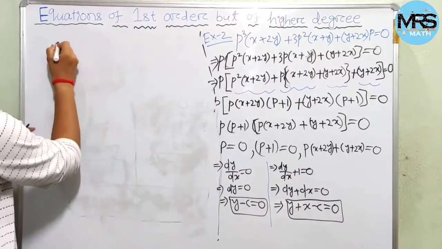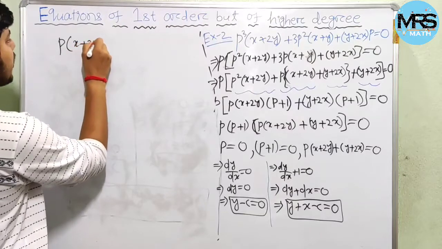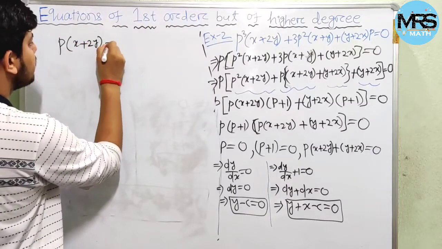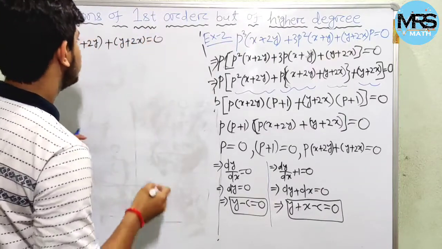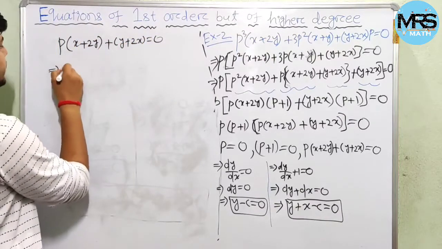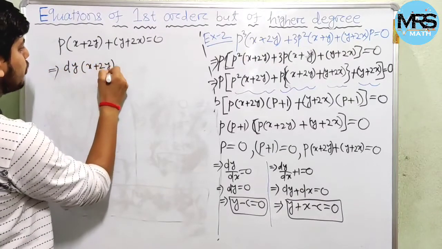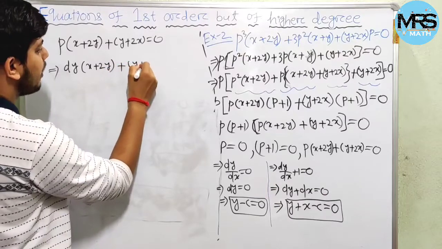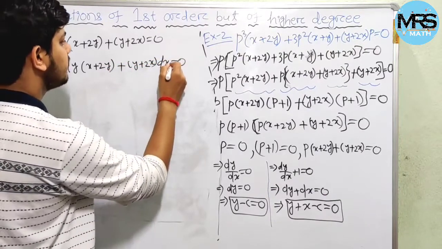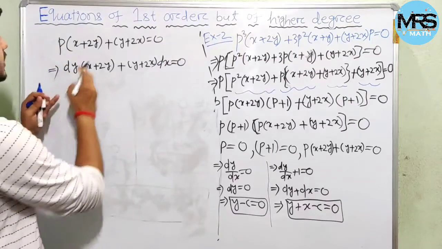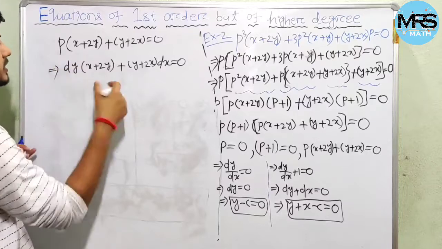Now this term we will take as 0, that is p into x plus 2y plus y plus 2x equal to 0. So it is dy into x plus 2y, plus y plus 2x into dx equal to 0. This dx I multiplied here, I just changed p as dy by dx.